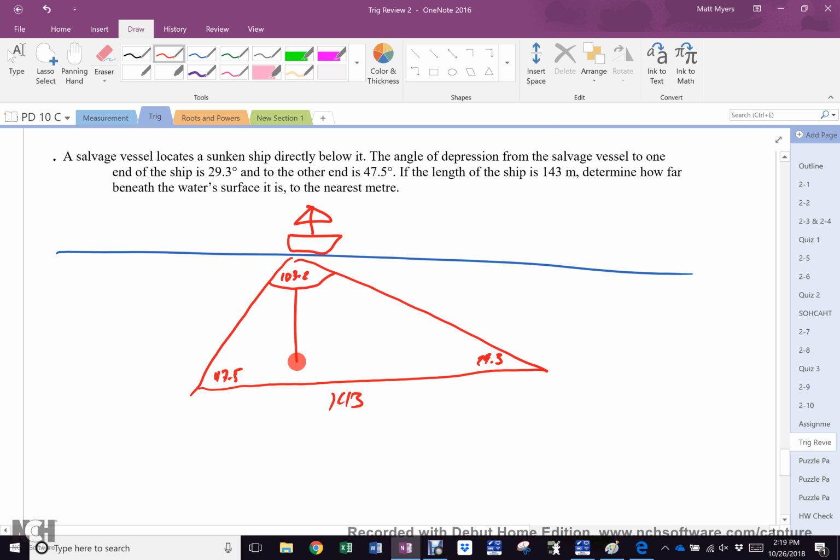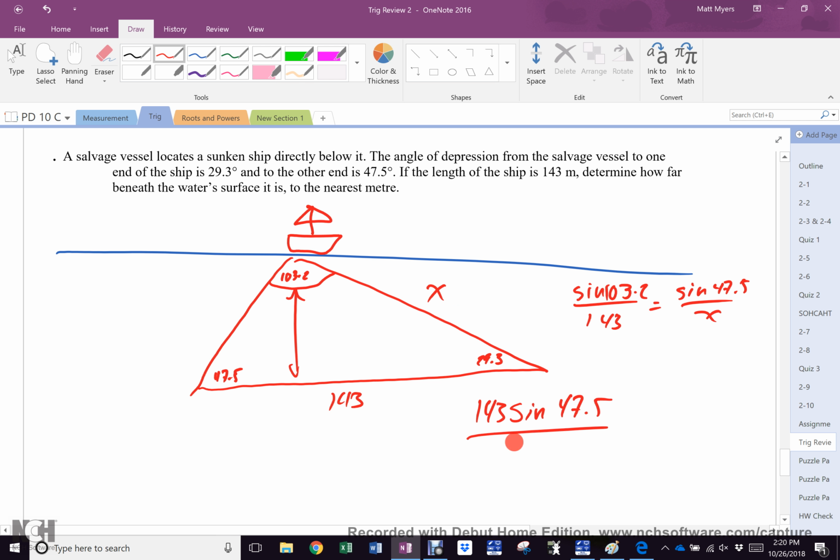Now, do I have sine law? Yes. Sine 103.2 over 143 has to equal, does it matter which side I go to? No. Sine 47.5 over x. Once I have x, which is 143 sine 47.5 divided by sine 103.2, that's x, yes?